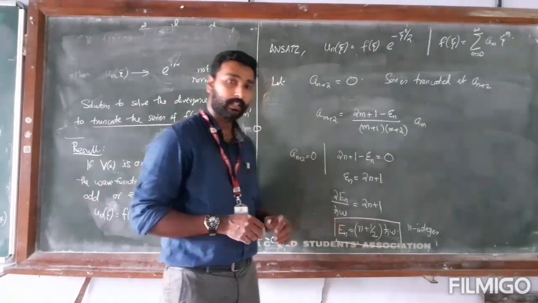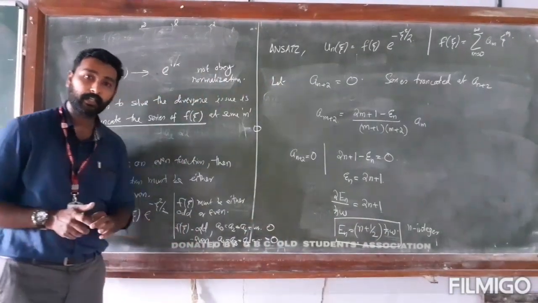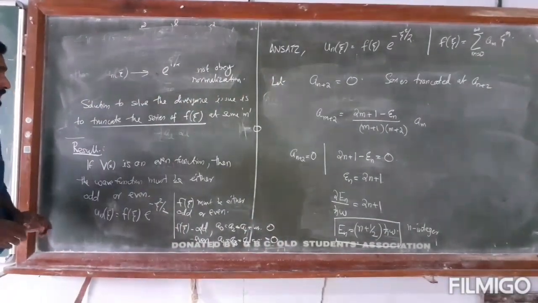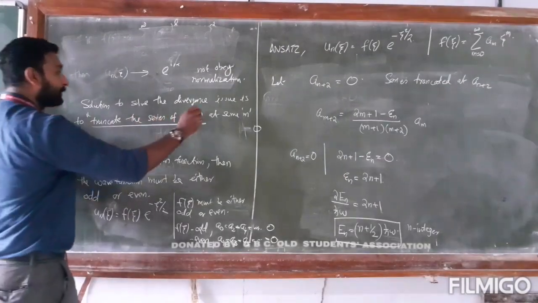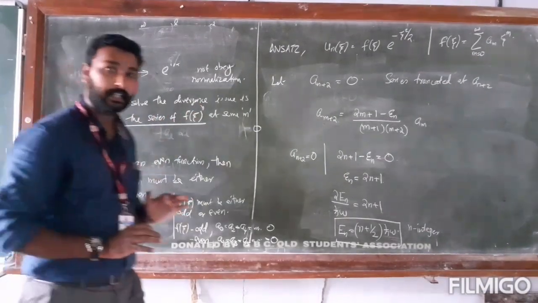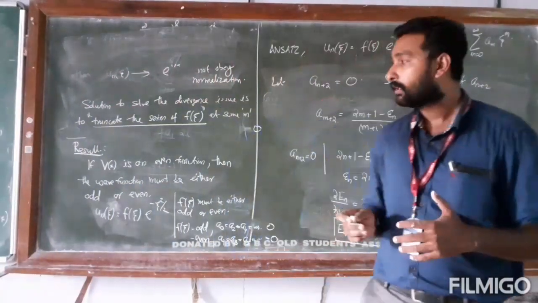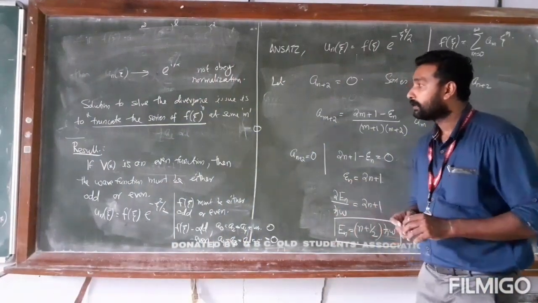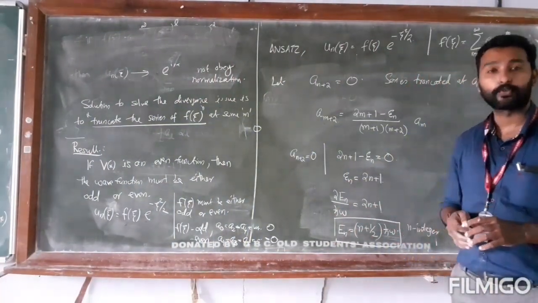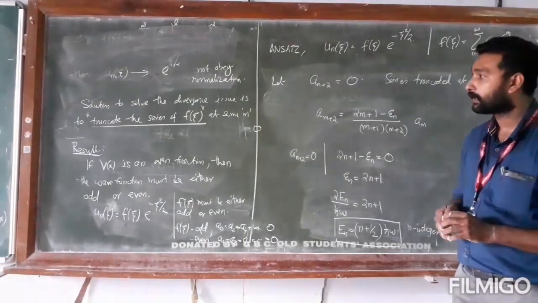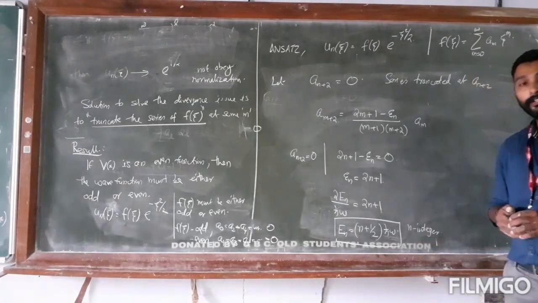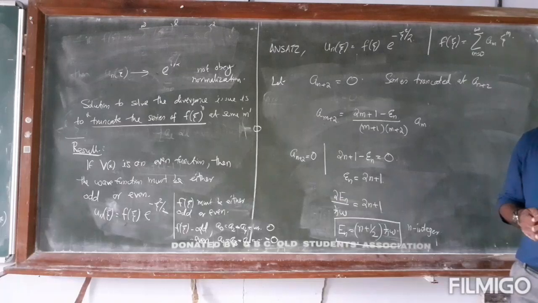This is the beauty of quantum mechanics. Just by truncating the series in order to make the solution physically acceptable, we end up with the quantization of the energy eigenvalues. So that is the remarkable result.